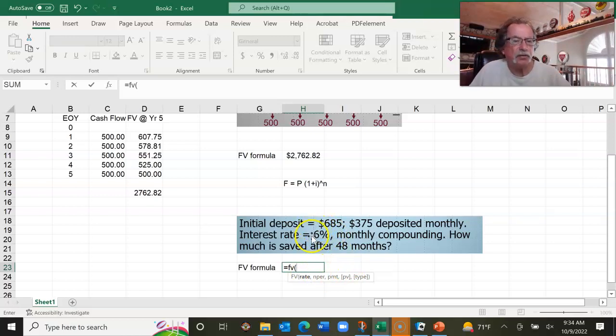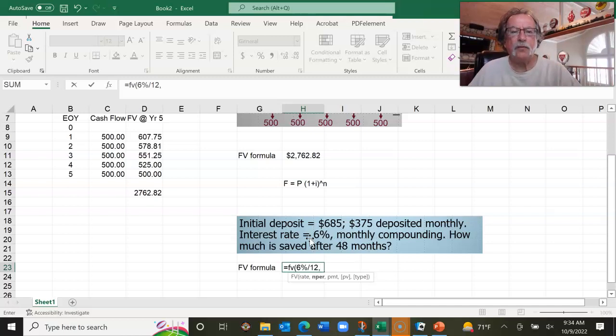Now it doesn't say per year, so we assume per year. If it doesn't say, we assume per year. 6% per month. So the rate is 6% per month. So we can do it that way, or we can put 0.5% in, or we can put 0.005 in. Any one of those will work.